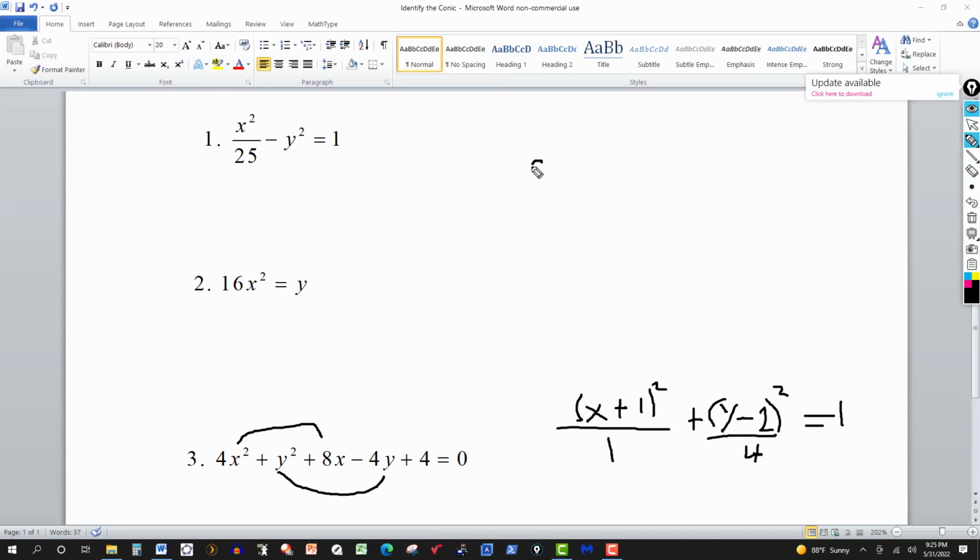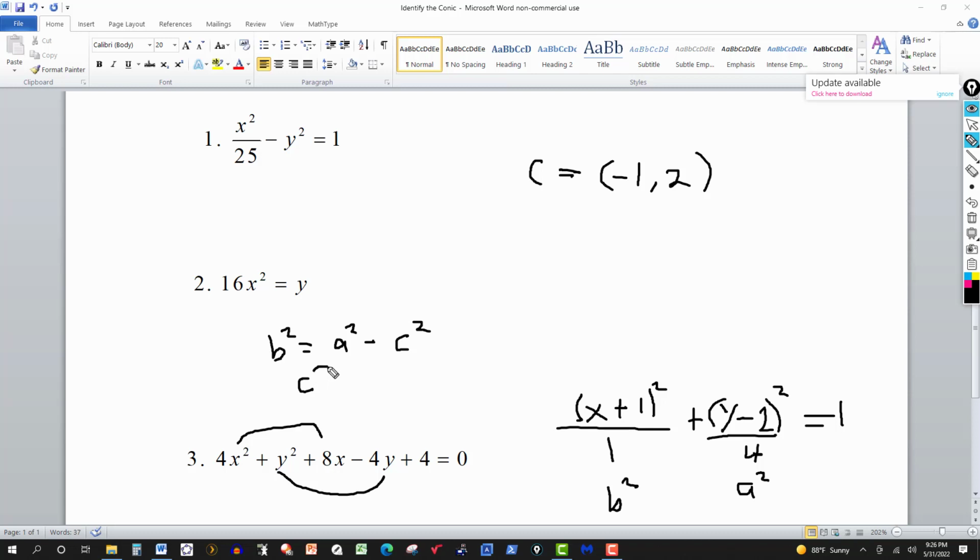So from that information, I know the center is -1 and 2. And remember, for the ellipse, the larger number under these expressions is your a squared. So this is a squared. A squared is 4. And then over here, b squared is 1. And for the ellipse, we know that b squared is equal to a squared minus c squared.